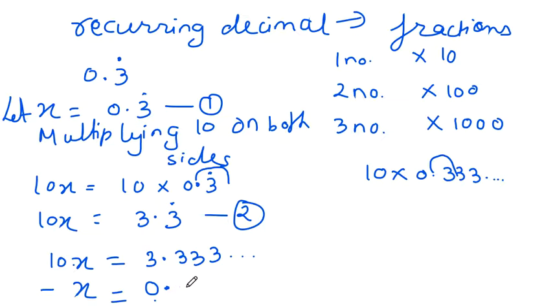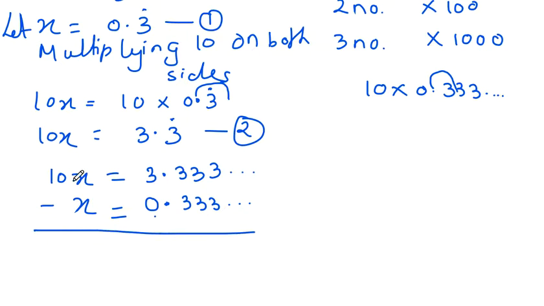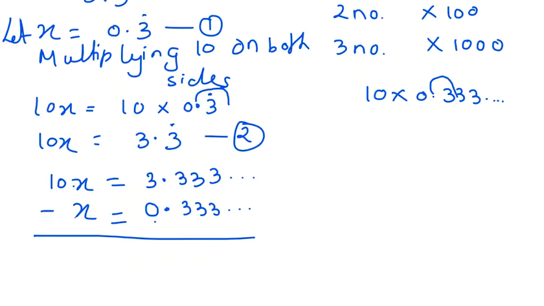After the decimal, again 3, 3, 3 and so on. Now here we will be subtracting. What is 10x minus x? It will be 9x, which is equal to 3 minus 0, which is 3, and this will be 0. So basically it is 9x, which is equal to 3.